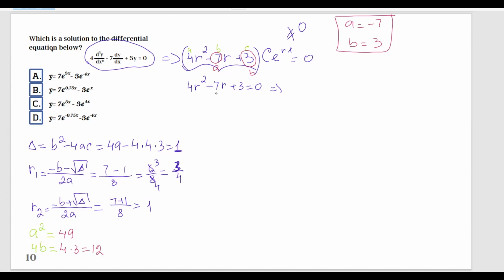Perfect. So A squared is going to be equal to 49, and 4B is 4 multiplied by 3, which gives me 12. If we compare this, I get that A squared is greater than 4B.